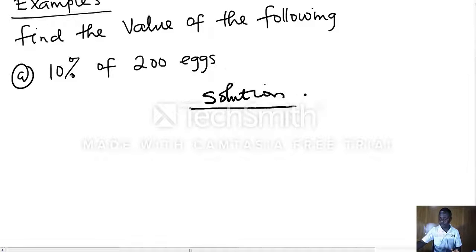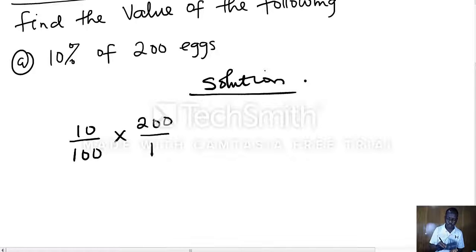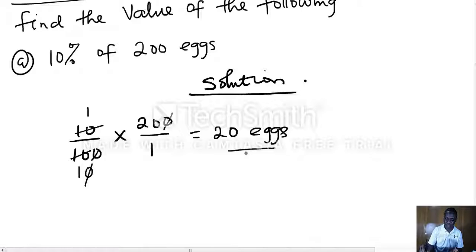So 10%, which means 10 divided by 100 times 200x over 1. 10 into 10 is 1, into 0 is 0. Also this can go with this. So 10% of 200x is equal to 20x.